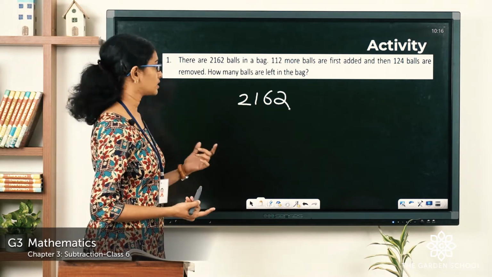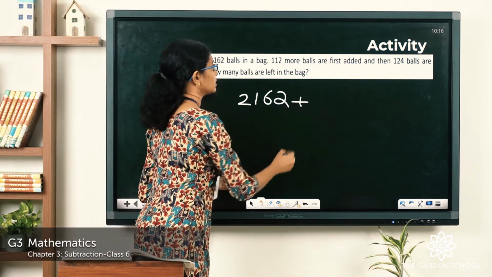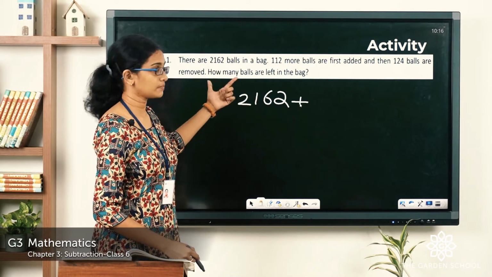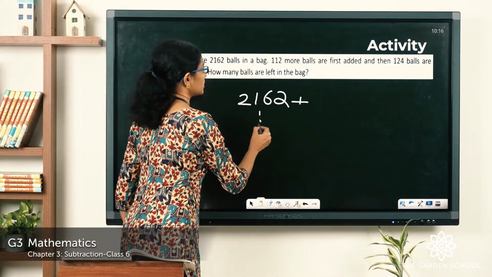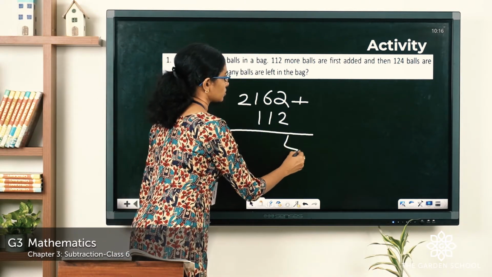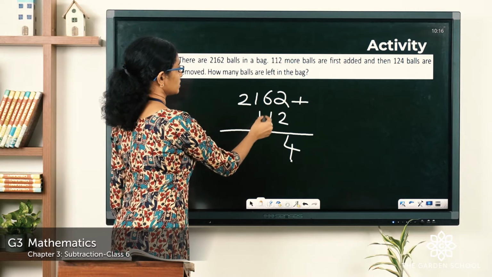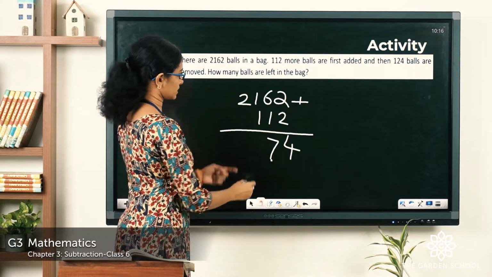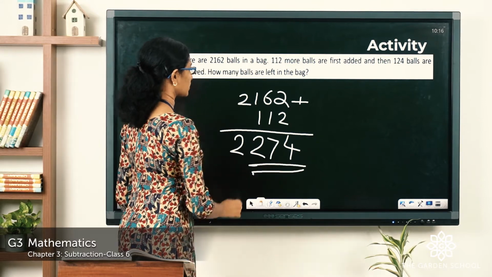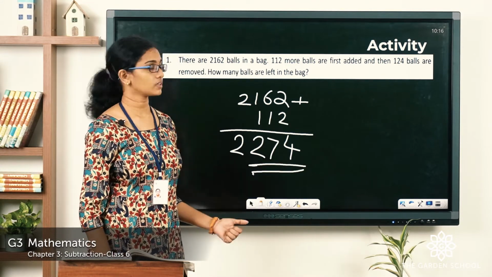So what becomes the total number of balls then? 2162, which is the number of balls we had in the beginning, plus the 112 balls now added. What is the total number now? 2 plus 2, 4, 6 plus 1, 7, 1 plus 1, 2 and it's 2. So now we have a total of 2274 balls.